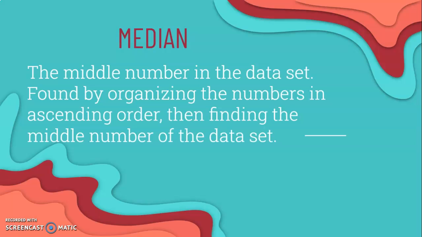You have to organize the data in ascending order in order to find the median, because you're looking for the middle number of the data set. The video will talk about that in greater detail with an example, but the key thing you must remember is that the data has to be organized in ascending order.